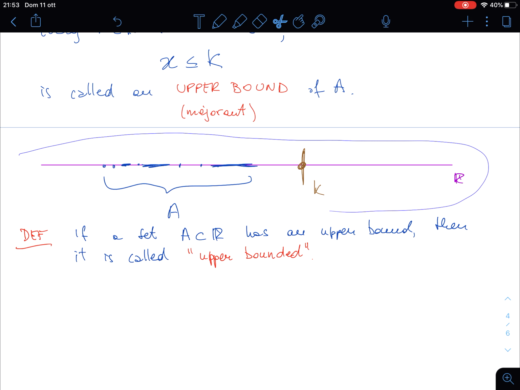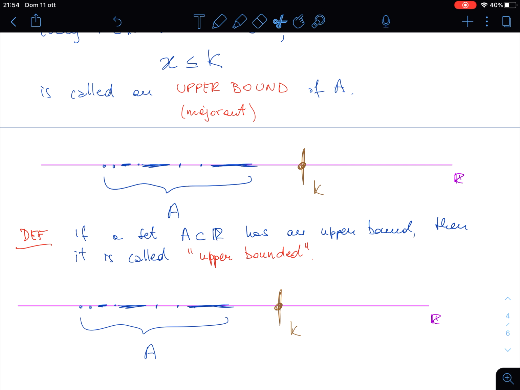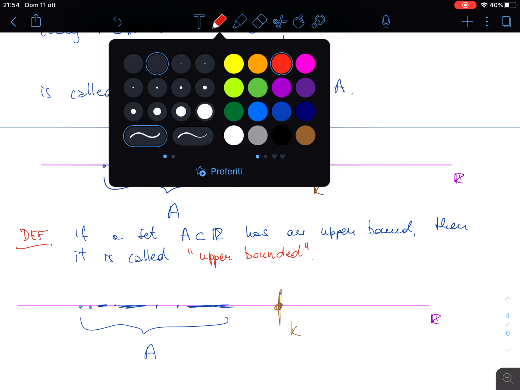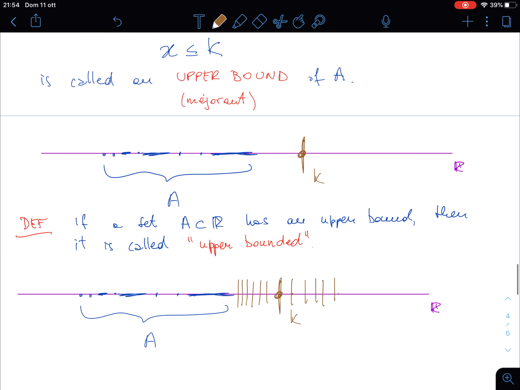So let me copy the picture here. We have the set A. Notice that k here has been introduced as an upper bound of A, but notice also that there are many other upper bounds. Of course, all numbers larger than k, and also numbers in the space between A and k.